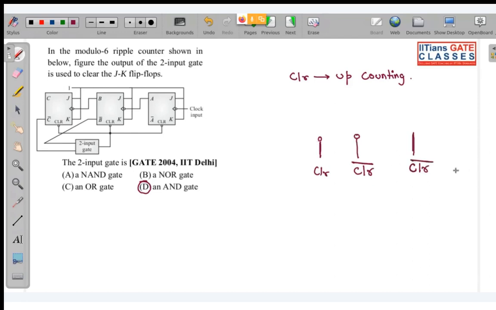Sorry, I am drawing a clock pulse over here. Whichever way it is written, this implies active low clear. For normal clear, it should be written like this, clear. So these are all flip flops. Yes, this is active low.